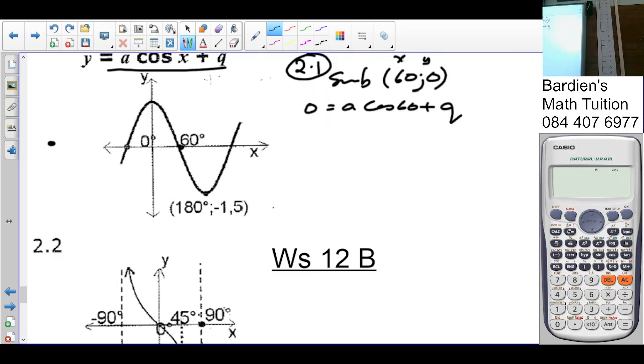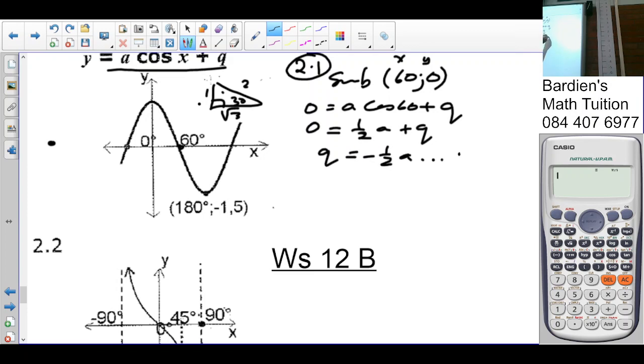So what is cos of 60? Oh, so you're going to calculate this. Or we know that's a special triangle. That's your 30, so 60 lies there, so it's 1, 2, root 3. So cos of 60 is adjacent over hypotenuse, which is a half. So it's a half a plus q is equal to 0. So q is equal to negative a half a. That's equation 1. We have 2 unknowns, so we're going to go into simultaneous equations.